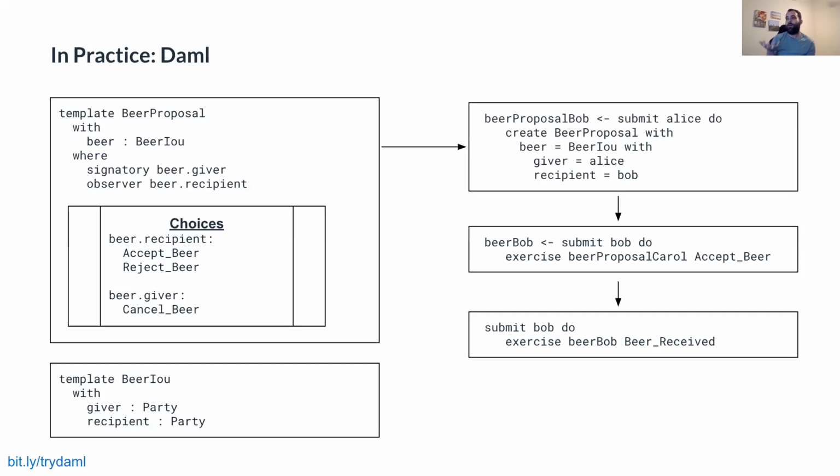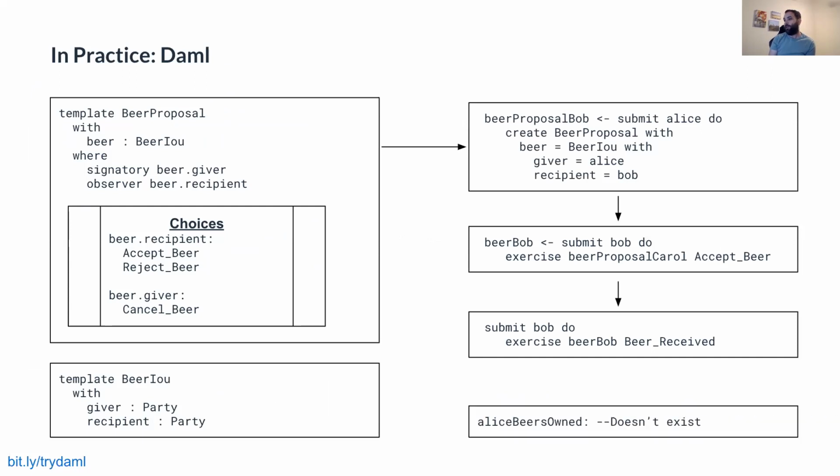And now in Daml with the UTXO model, we have the same thing, except we don't have to worry about that type of out of order execution, because every UTXO depends on other ones. So first thing is that Alice's beers owned doesn't exist, and Bob can't even know it, because each beer that Alice owns was purchased from a store and is owned as a discrete UTXO.